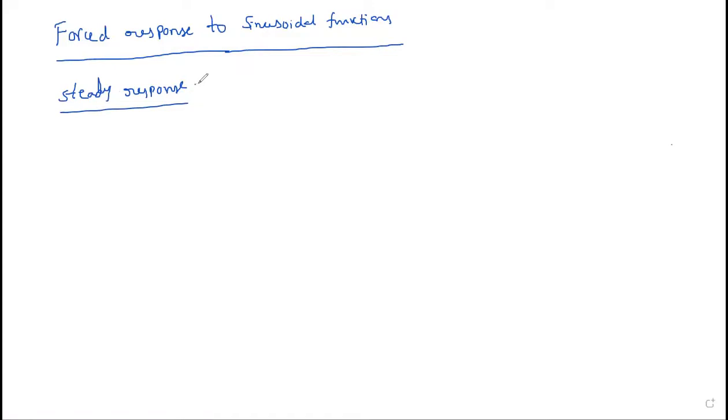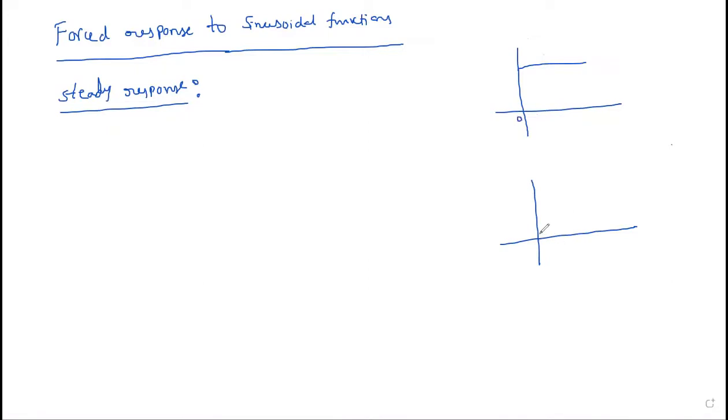The steady state is nothing but this: when you apply an input, either step input or sinusoidal input or whatever, initially the system response will vary. For example, after applying the step input, the system response suddenly will not change at t equal to 0.